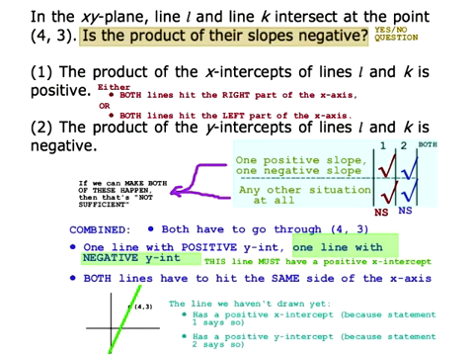What do we know about a line with a positive x-intercept and a positive y-intercept? Yeah, it's going to have a negative slope, right? The only way to get from the positive y-axis to the positive x-axis is to slope down.